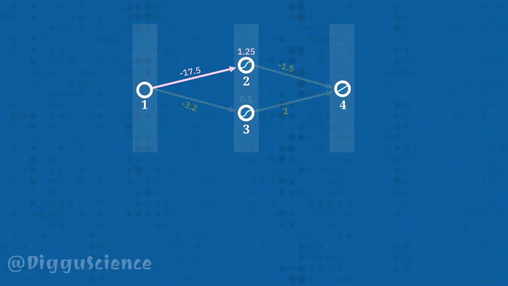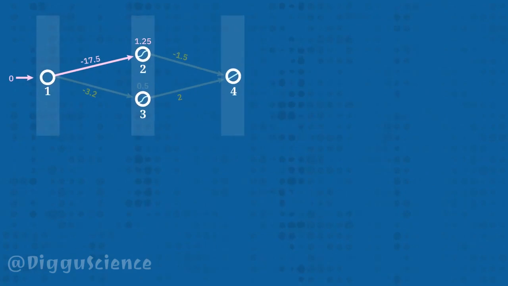This node has a weight value of -17.5, a bias value of 1.25, and the activation function is a sigmoid function. In artificial neural networks, generally the input value is between 0 and 1. When the input value is 0, then the input value at node 2 is x2 equals 0 times -17.5 plus 1.25.